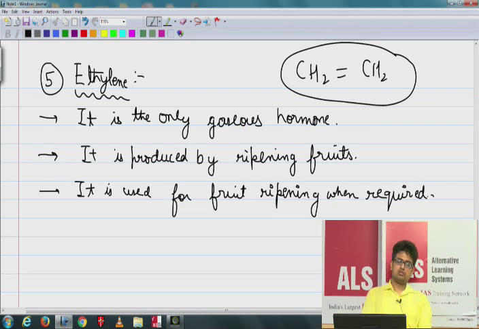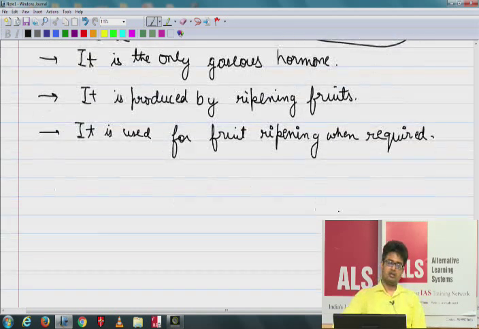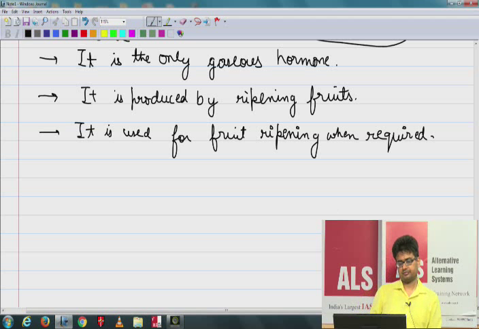All right. Another thing about ethylene, it is used for fruit ripening when required, and it is a gaseous hormone.